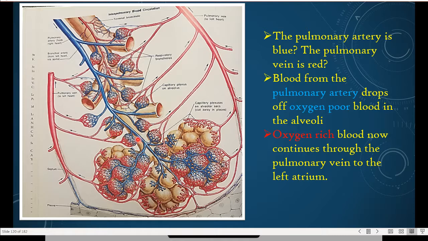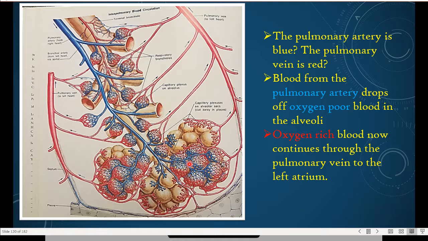So we're going to diffuse, we're going to move from a higher concentration to a lower concentration. Higher concentration of CO2 that we just picked up from the body, lower concentration of CO2 found in the alveoli.